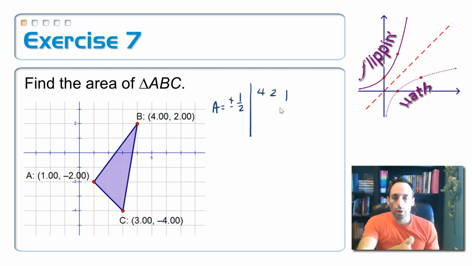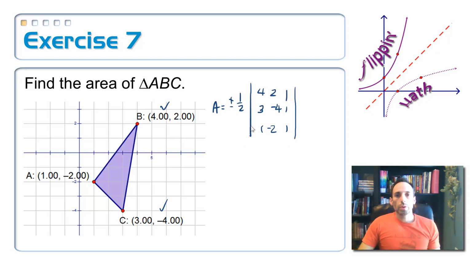Remember, I always put a 1 at the end. So there's B. Let's go with C here, 3, -4, and then put a 1. And the last one is 1, -2, and a 1.